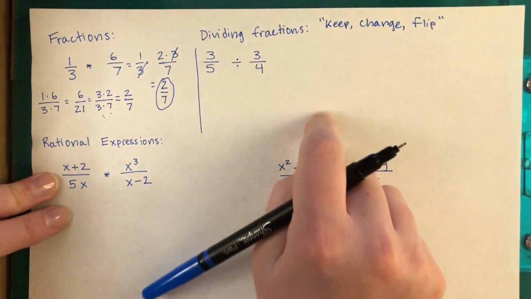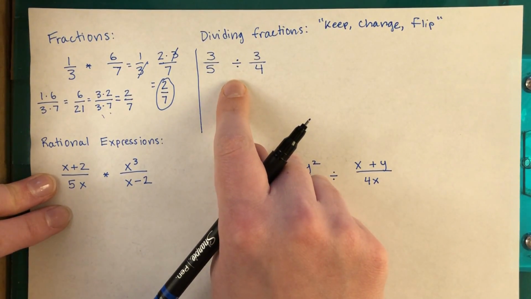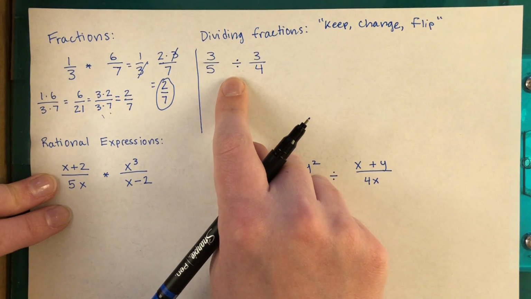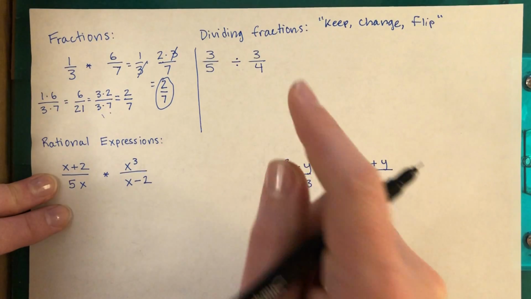This refers to keeping the first fraction, changing the division sign into a multiplication, and flipping the second fraction.